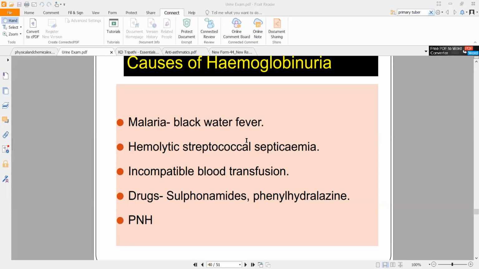Okay. Then there is incompatible blood transfusion. So if someone is giving blood to someone else and they are incompatible, you have to match a few factors before giving it. I'm not sure if you have studied immunity, but there are a few factors that you match before you perform any blood transfusion of any kind. First of all, blood group, but other than that, MHC factors, all of that you have to look into. Okay, they have to match.